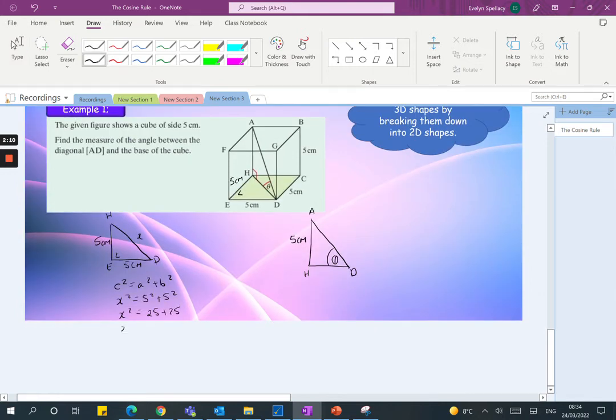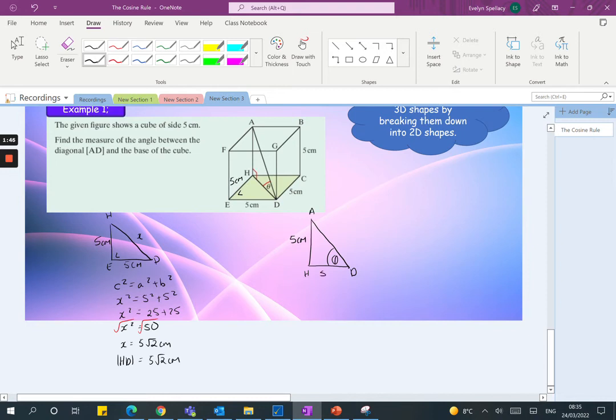So I have x squared is equal to 50. So my next step is I square root both sides to find x here. So onto your calculator now, we're going to put in the square root of 50, which gives me 5 root 2. So I can see x now is equal to 5 root 2 centimeters, which means that HD is equal to 5 root 2 centimeters.